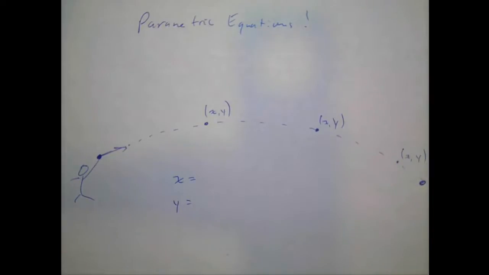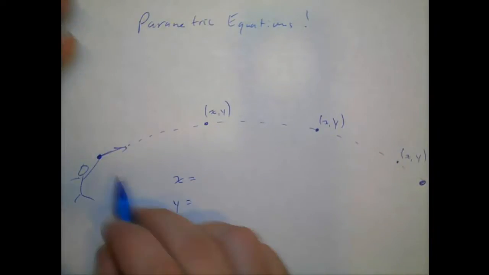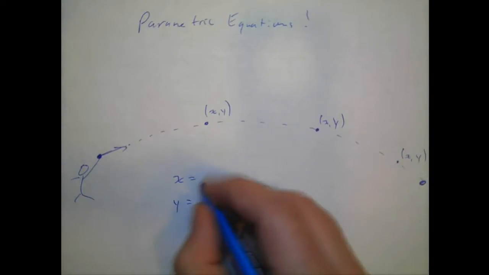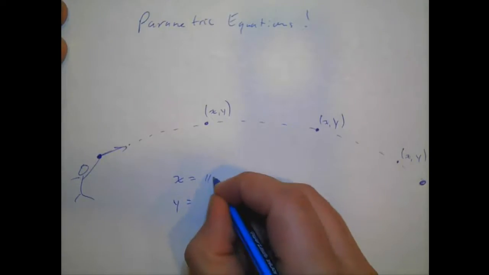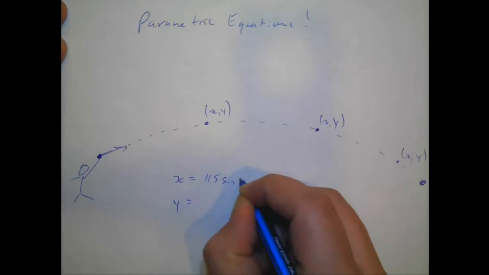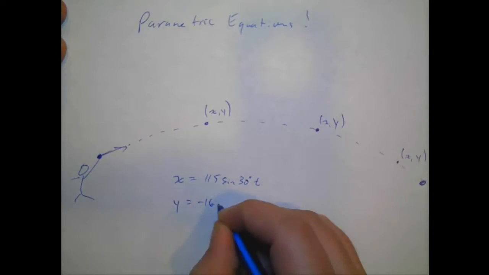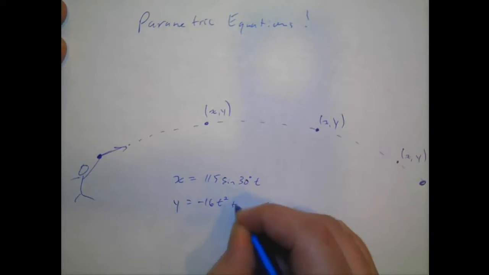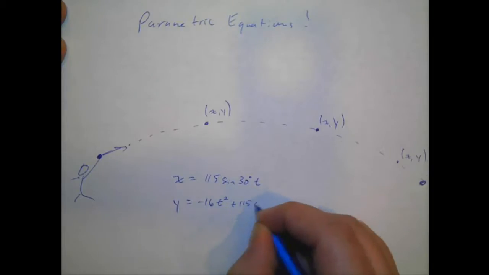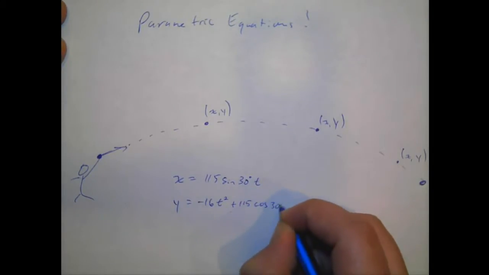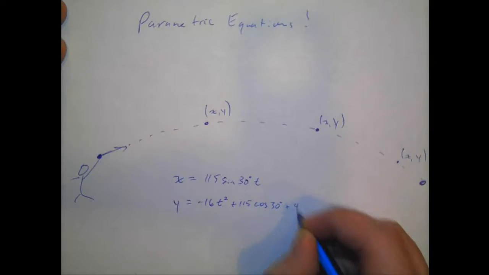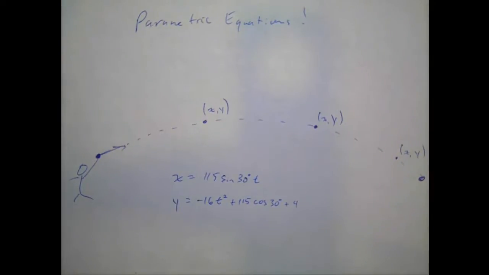So the way we represent how it is changing over time is with time in our equations. I'm just making something up. Those would be what you would see for parametric equations.